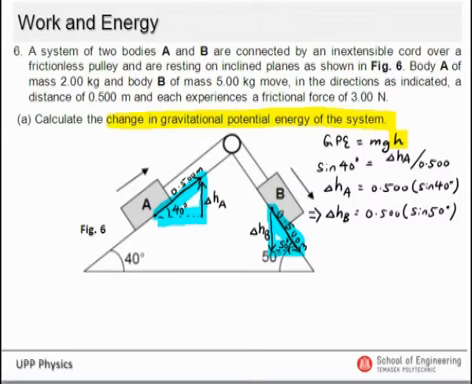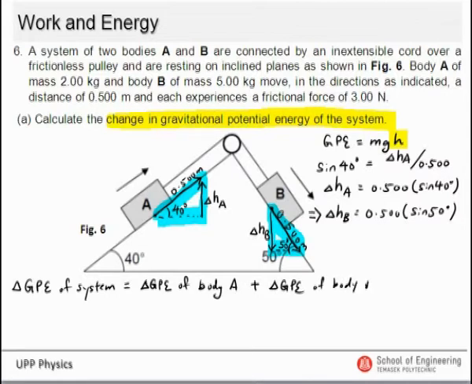With the respective change in height found, we may proceed to find the change in GPE of the system. So, change in GPE of system is actually equal to change in GPE of body A plus the change in GPE of body B. It's a sum of change in GPE for the two bodies.